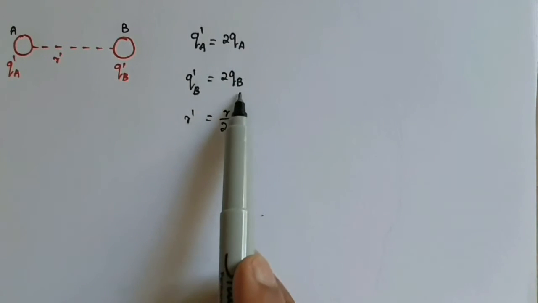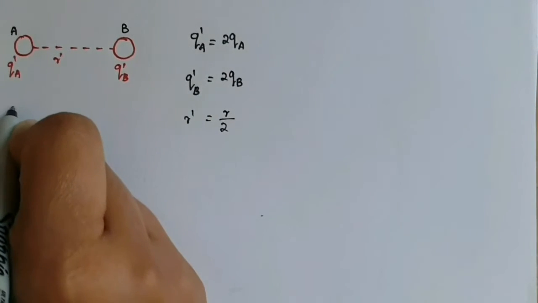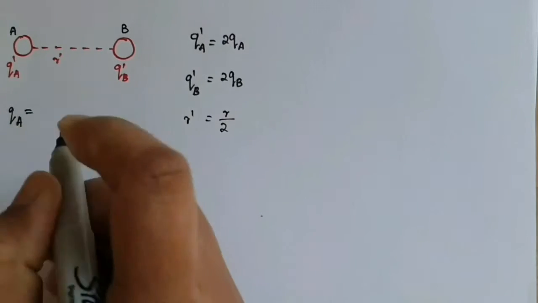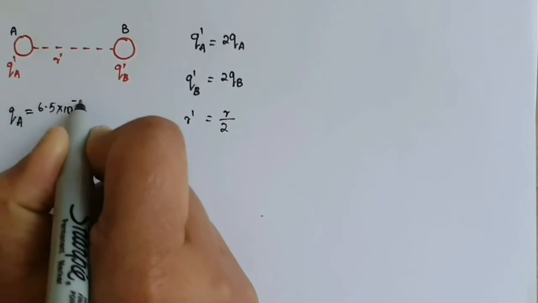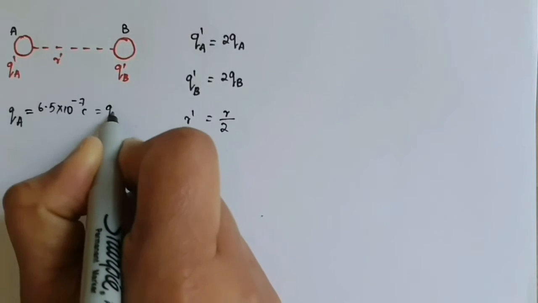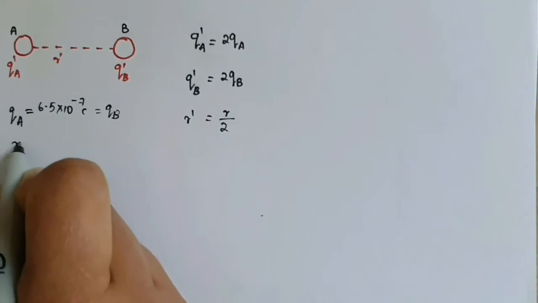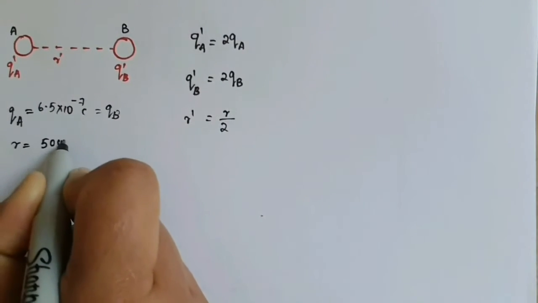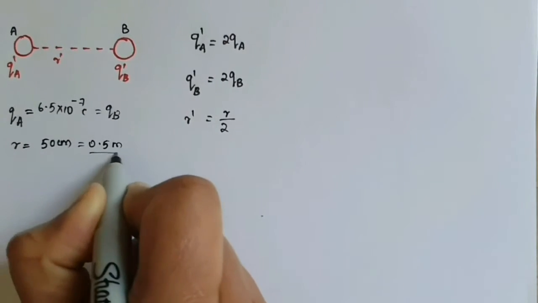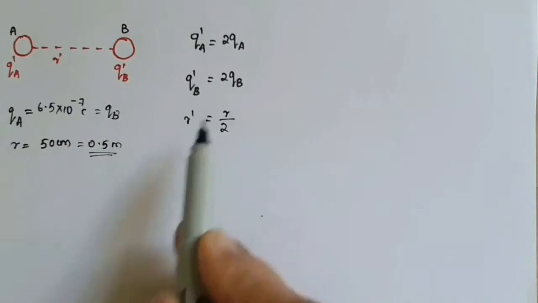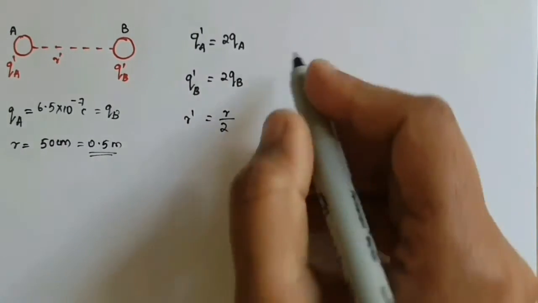Now what is QA and QB? QA is equal to 6.5 into 10 raised to minus 7 coulomb. This is equal to QB. R is equal to 50 centimeter. This is equal to 0.5 meter. Now substitute the values.